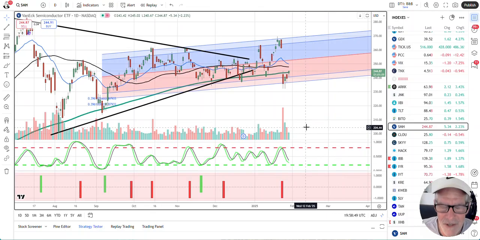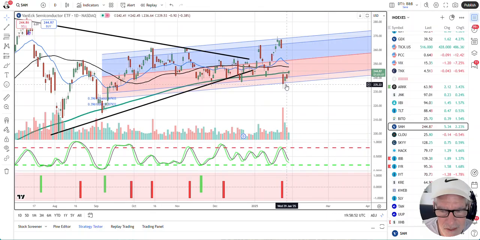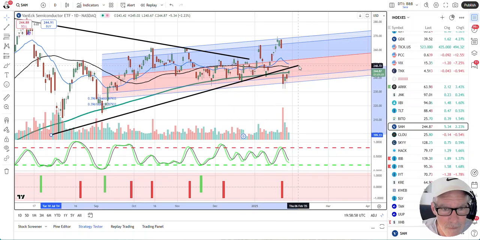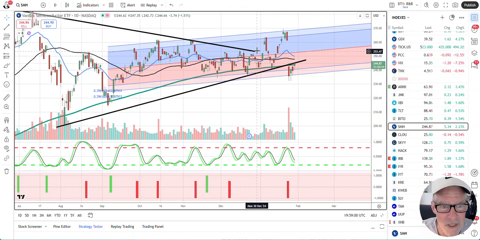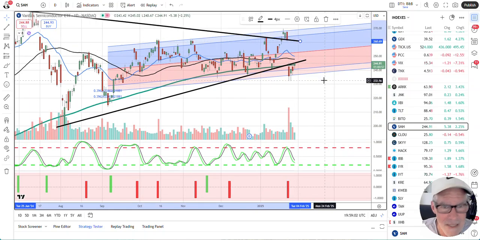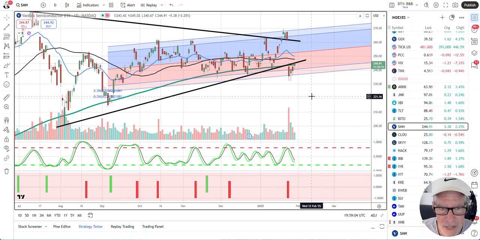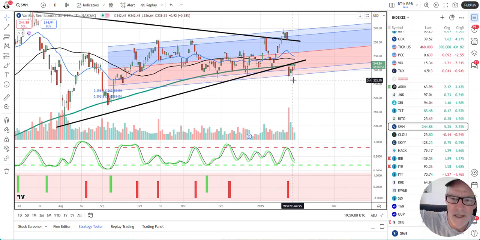Semiconductors, I don't know. This was a big smash on DeepSeek. Really horrible, right? Because this really put a lot of technical damage into the chart. With that said, I do think that this is probably a good buying opportunity, and I like what it's doing today. It trapped the bears on the DeepSeek news.